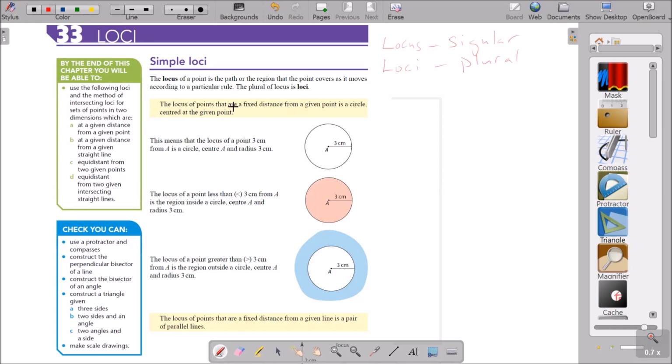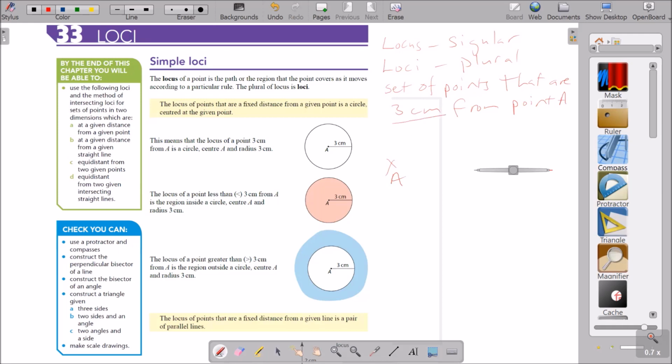The locus of points that are a fixed distance from a given point is a circle centered at the given point. What do we mean by that? If the rule says we have a point, let's call this point A, and we want to find the set of points that are 3 centimeters from point A, everything that is 3 centimeters from point A is the locus because it's following this rule.